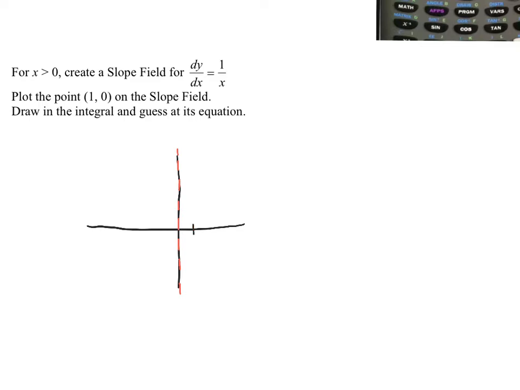Alright, so I have here at 0, 1, it's going to have a slope of 1, slope of 1, slope of 1. It's going to look like that everywhere, okay? If I have 2, alright, there it's going to have a slope of 1/2, so it's going to be a little bit like this, okay? A little bit more flat. Slope of 1/2.